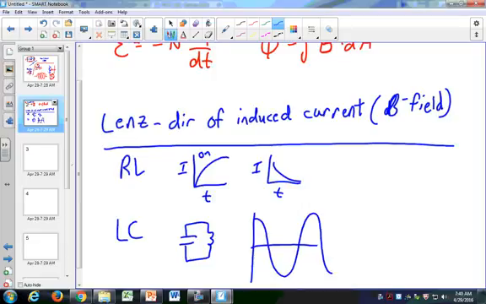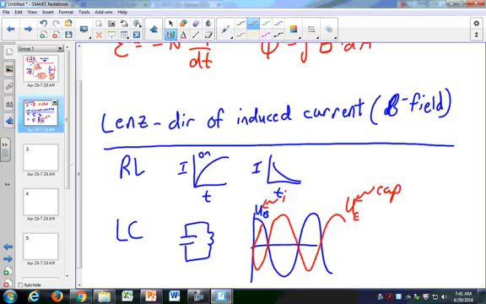So we plotted, say, the energy of the magnetic field that's in the inductor, and then also the energy of the electric field that's in the capacitor.